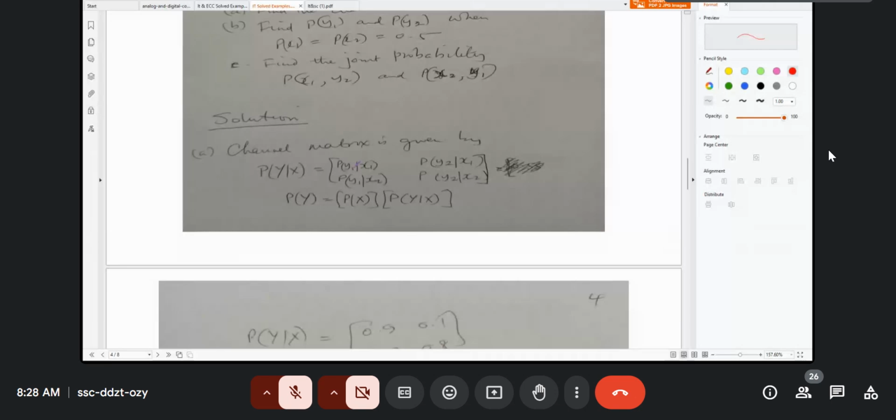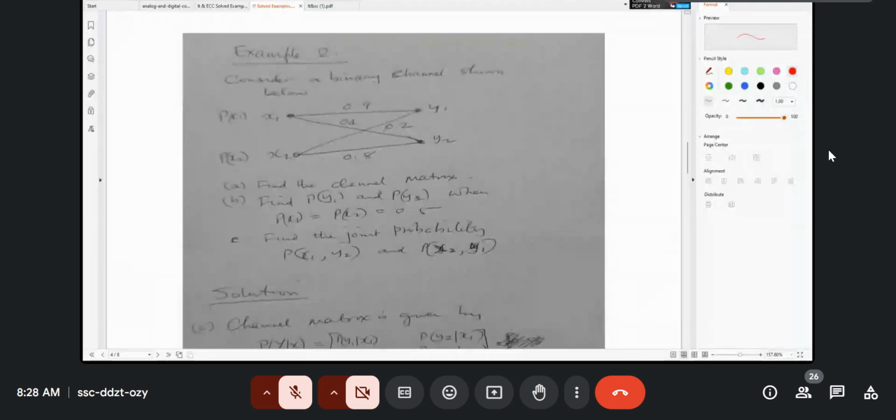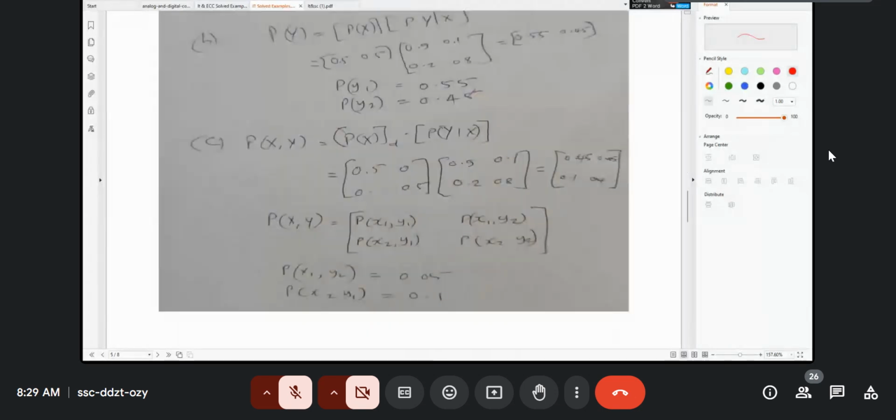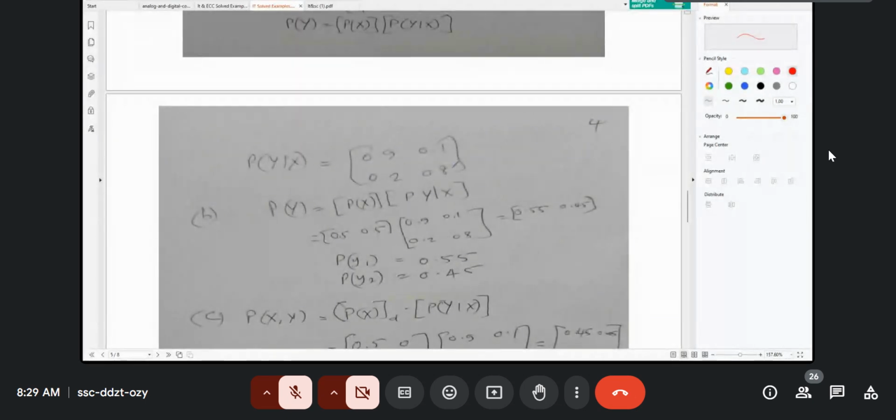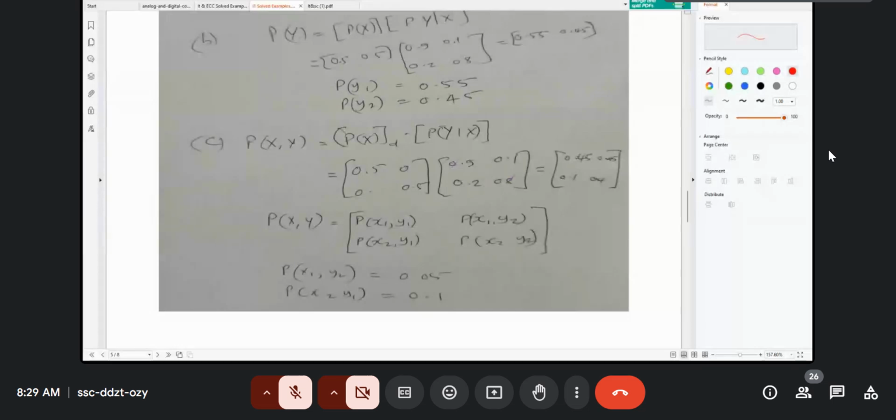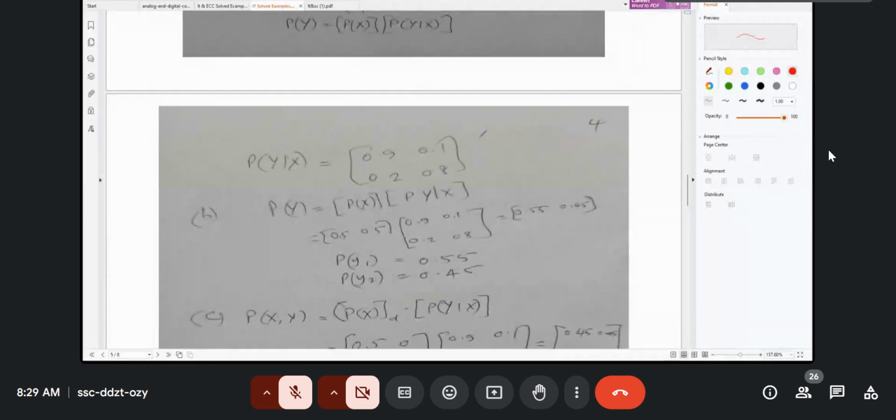And then the next one, P y2 given x1, is 0.1. And P y2 given x2 is this one. So that's the first part, and the first part is answered.